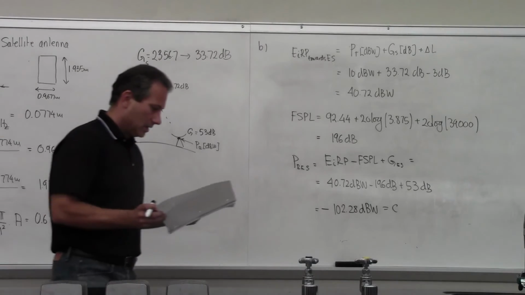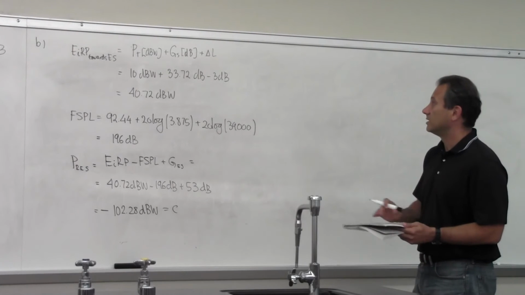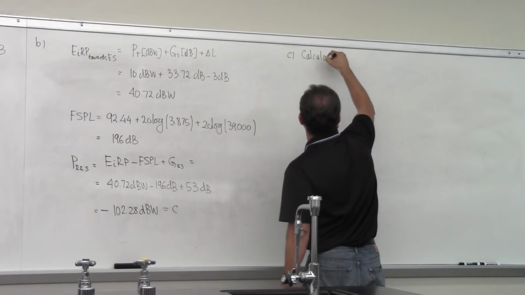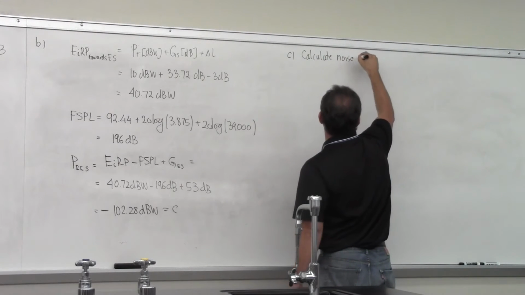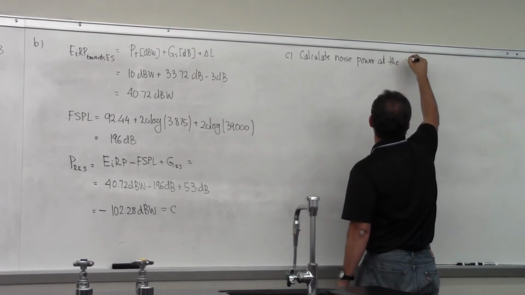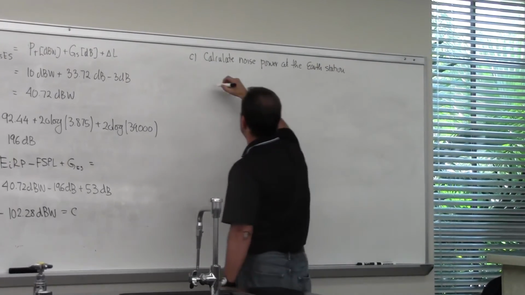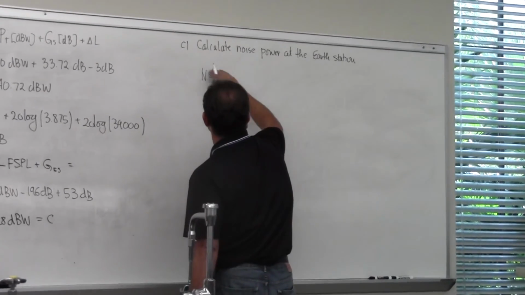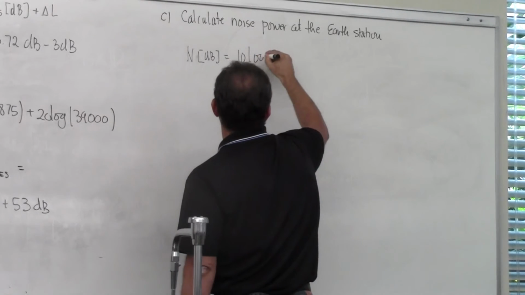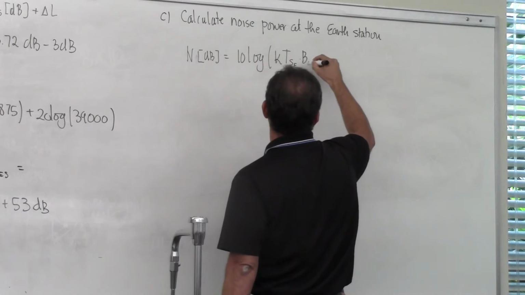Part C is calculate the noise power at the earth station within the 36 megahertz of the noise band. The noise power at the earth station in dBW is going to be 10 log of k T system at the earth station times the bandwidth of the noise.